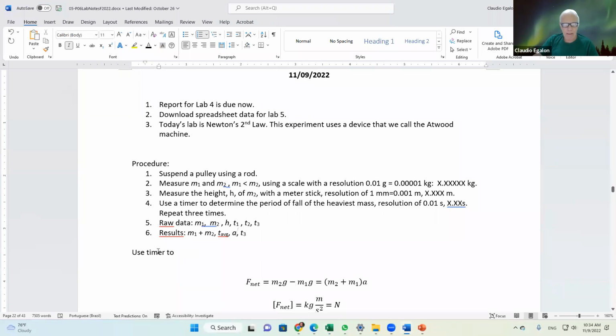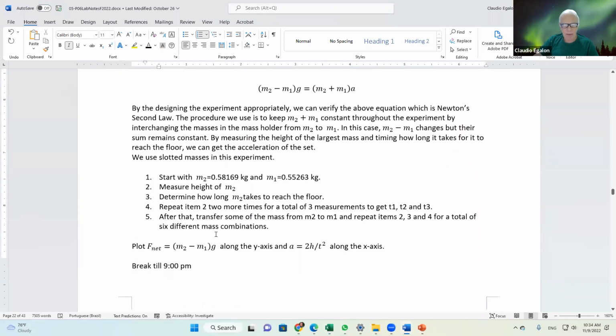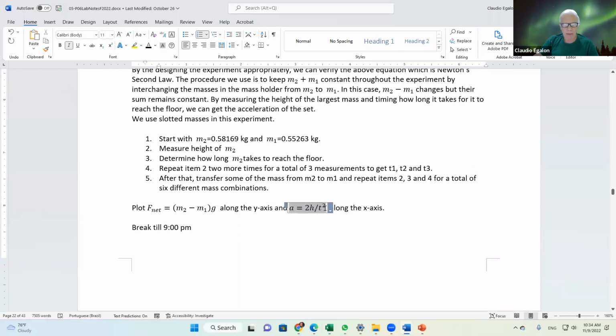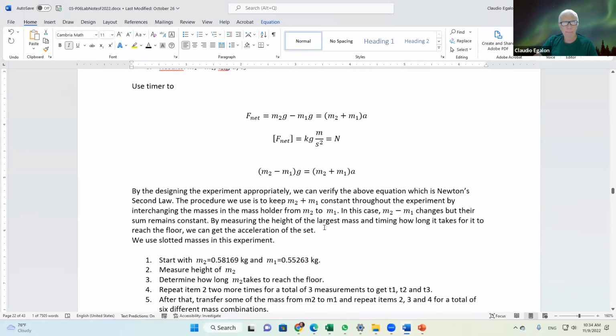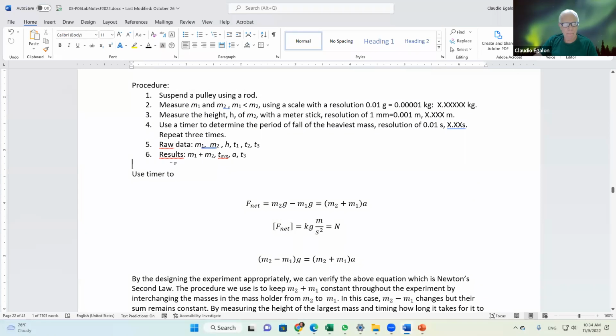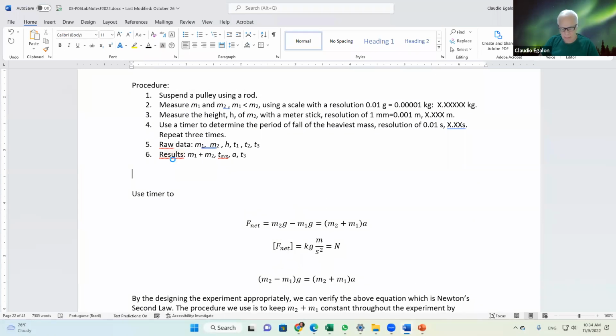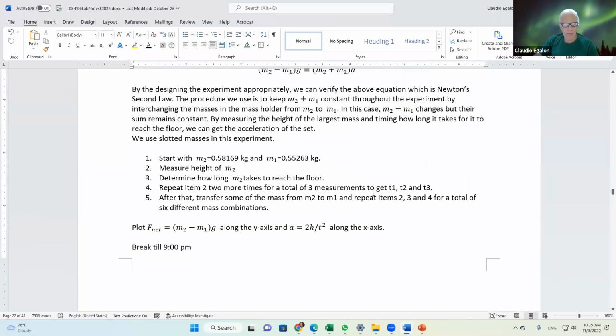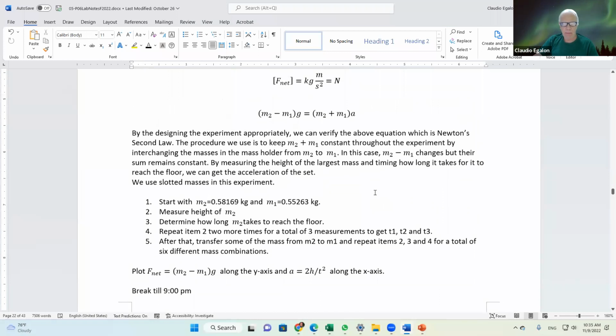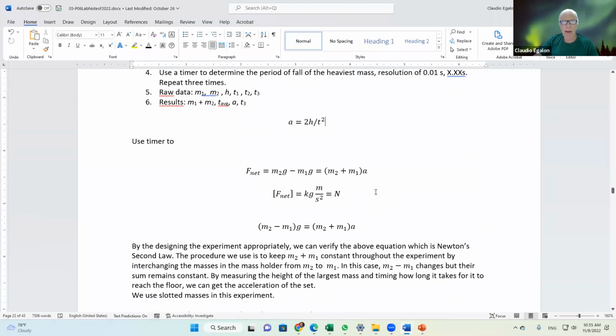Okay. Let's see if I have the equation for the acceleration here. Here you go. That's the equation for the acceleration. How do we get this equation? Think about that. How do we get this acceleration, h over t squared, right?